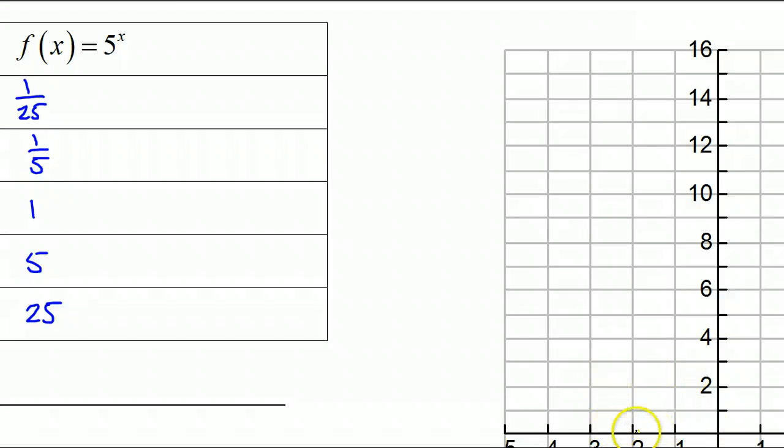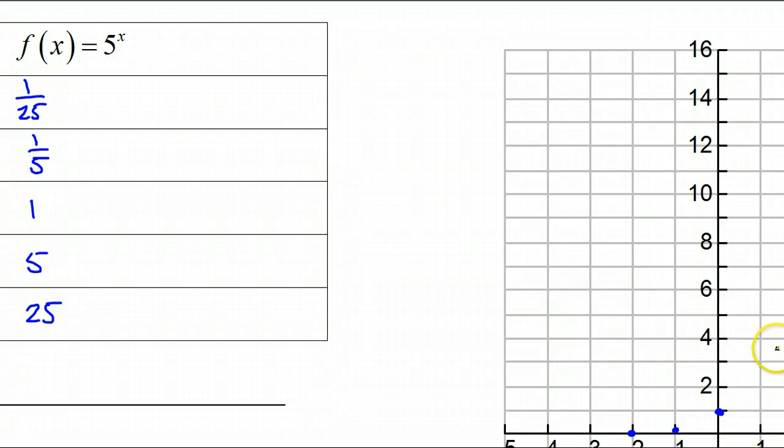Clearly 1/25 is really close to 0, so that's basically going to appear to be on the line. 1/5, that's a fifth of a unit. I'm going to put that like an egg on the wall here. Again, super close to 0. It's a fifth of a square. And then at 0, we're up at 1.